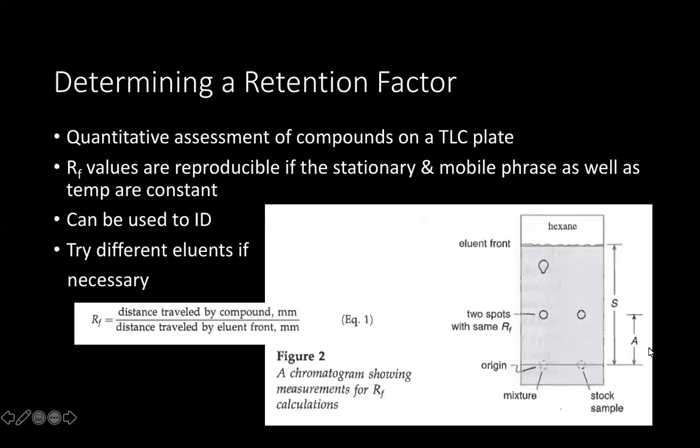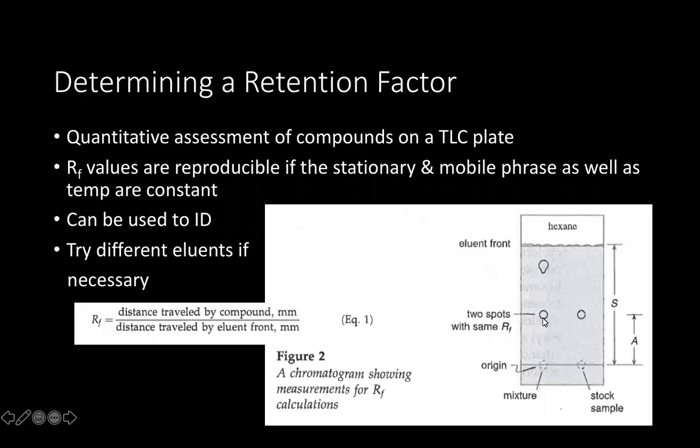On this illustration, we have A, which is the distance traveled by a compound, in this case the compound from the stock sample. That's the distance from the starting line up to the middle of the spot on the TLC plate. And notice we are looking at that same plate from the slide before.